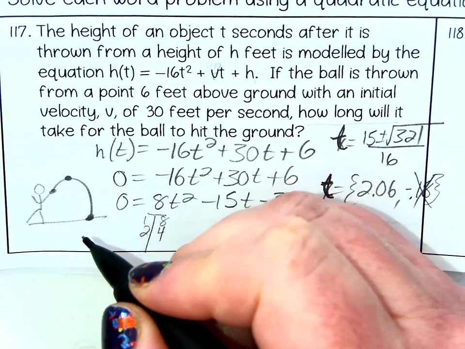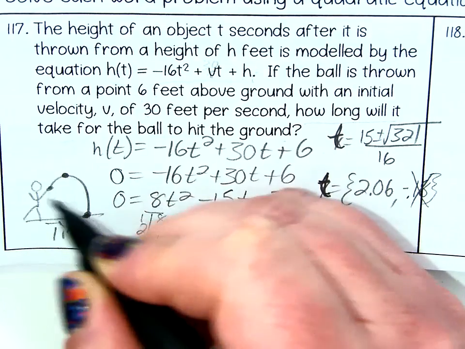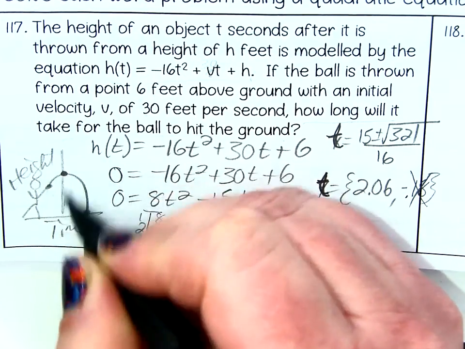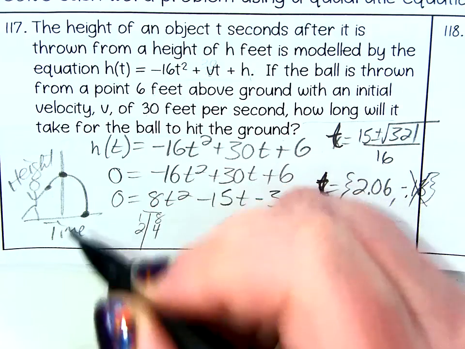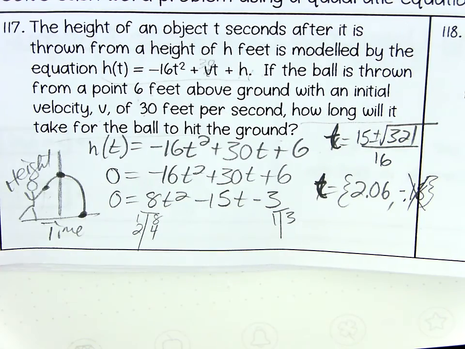The y coordinate. X is time, right? Y is height. So if I had asked you how high the ball ever got, you'd find the vertex and it'd be the y coordinate. If I asked you when does the ball reach its highest height, it would have been the x coordinate.